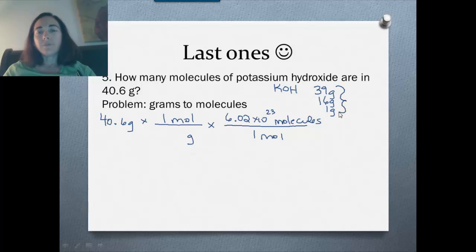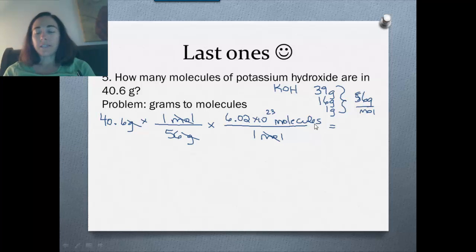So this gives me a total of 56 grams per mole. There we go. So I'm going to plug that into this spot here. Grams cancels with grams, moles cancels with moles. I'm going to be left with molecules.